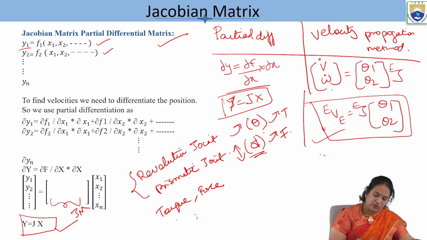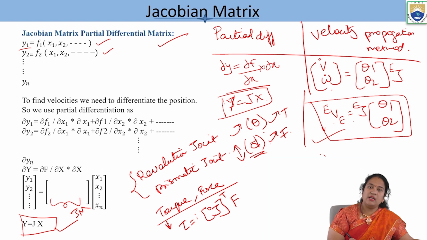In order to find out the torque and the force, we take the equation as torque is equal to the Jacobian transpose into F. That is, torque is equal to the Jacobian transpose matrix into the force. How do we write this particular equation?